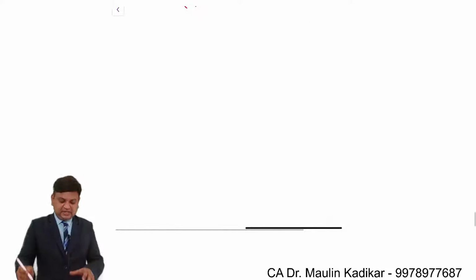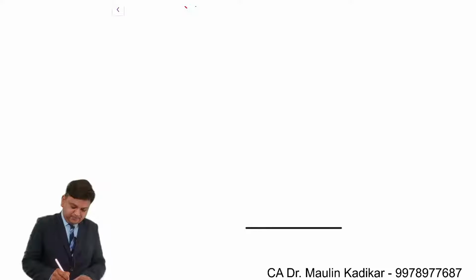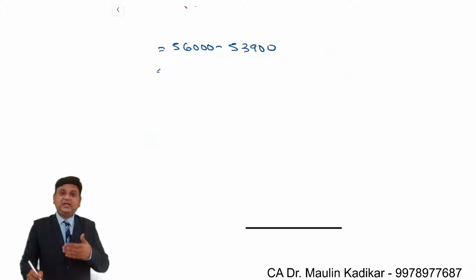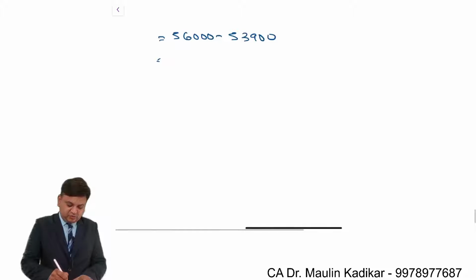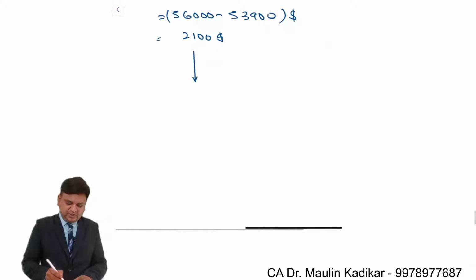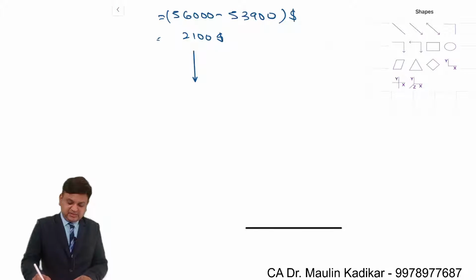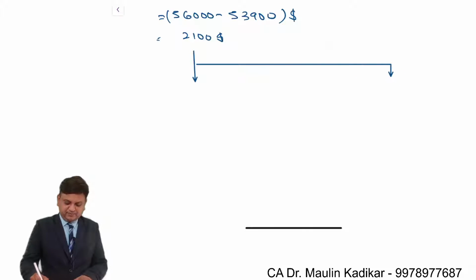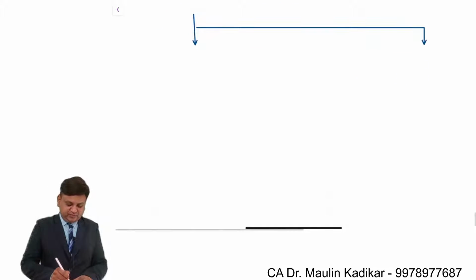So friends, we understand it like this. Let me explain first of all. 56,000 minus 53,900: you have to pay incremental expenses of $2,100. This $2,100, the excess amount that you have to pay, consists of two components. One is of course the time value of money.